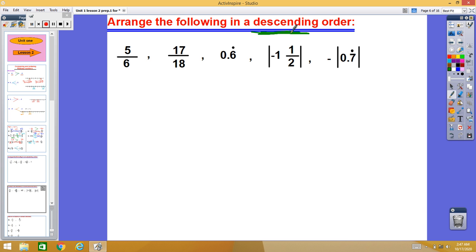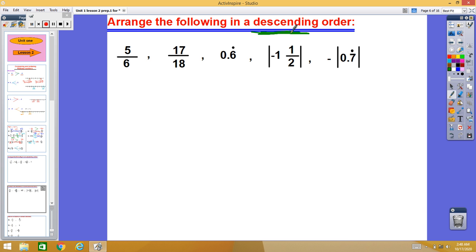You can convert these fractions into decimals by using your calculator. Another way is to find the least common multiple to get the common denominator. It is also right, but the simplest way to order rational numbers is to convert these fractions into decimals by using your calculator.